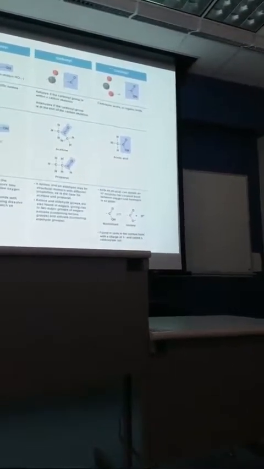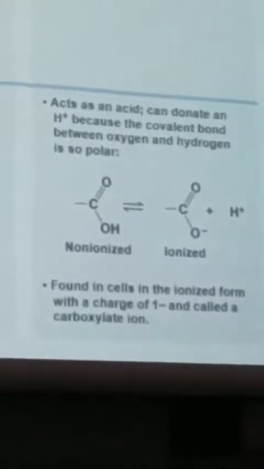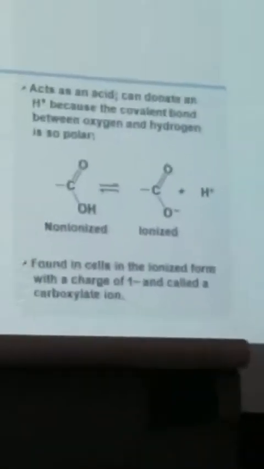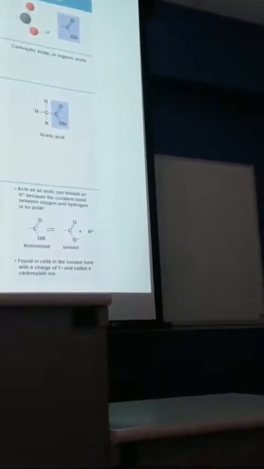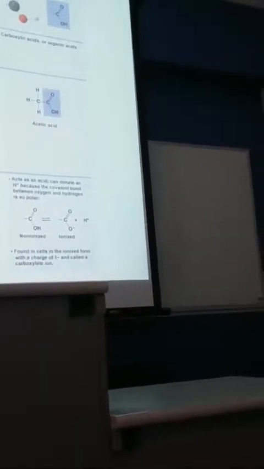Notice it says it acts as an acid, it can donate hydrogen because the covalent bond between the oxygen and the hydrogen is polar. The big thing to remember is the non-ionized form is the way it's written right there. When it is ionized, and that hydrogen proton leaves, then we get this form. And that's when it becomes the Zwitter ion.